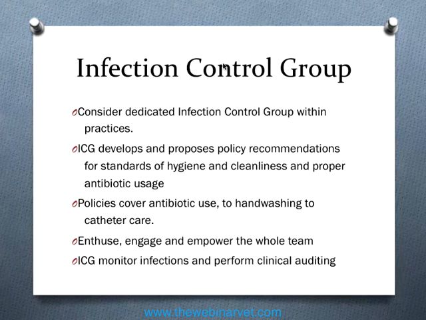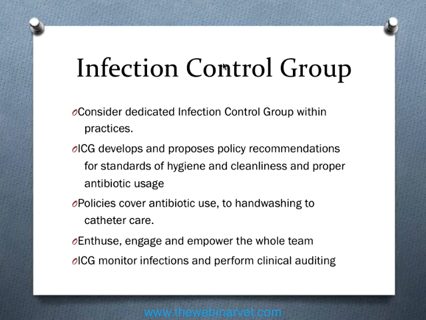One of the things I think is really useful to do, and this doesn't really matter what size your veterinary clinic is, but what's worth considering when we are looking to tackle infection control head-on, when we're looking to try and prevent issues with hospital-acquired infections and multi-drug resistant infections, is setting up an infection control group. Now, this may seem something that's completely over the top and something we would only maybe consider doing in a university or a referral practice setting, but actually we can create very small infection control groups within the smallest clinic.